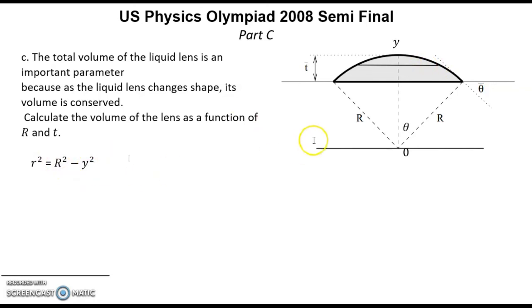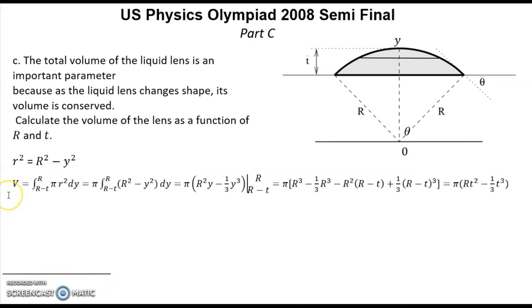So it means that we can count what is area by multiplying this radius squared by pi. And finally we have this result. Volume equals integral from pi r square dy, and limits are from r minus t to r. You can see it from this picture.